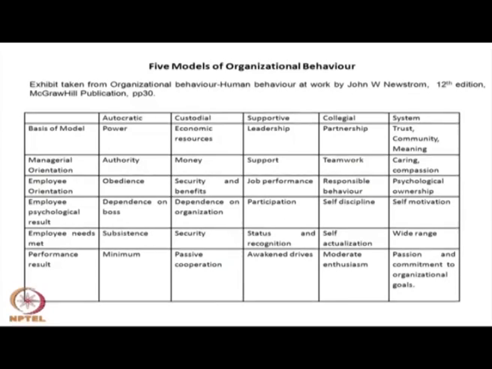Employee orientation is towards getting better security and benefits from the organization. Employee psychological result is dependence on the organization, because I want security and benefit, and only the organization can provide me that, so I depend on the organization. Employee security need is met through this model.